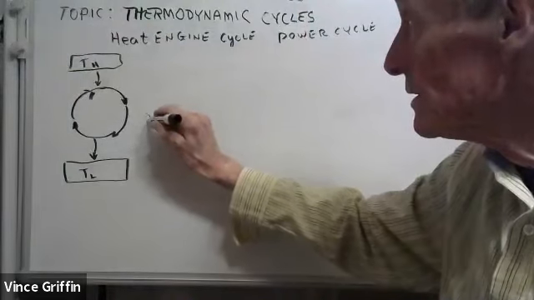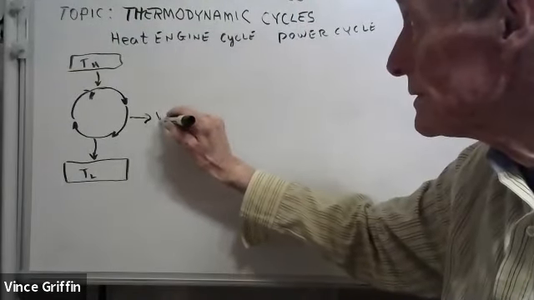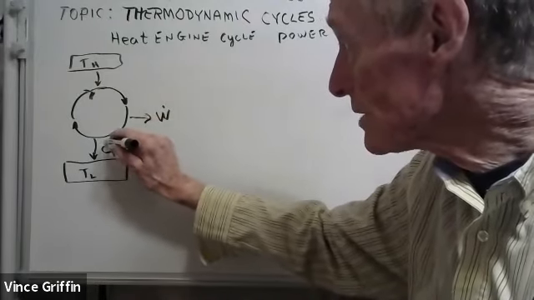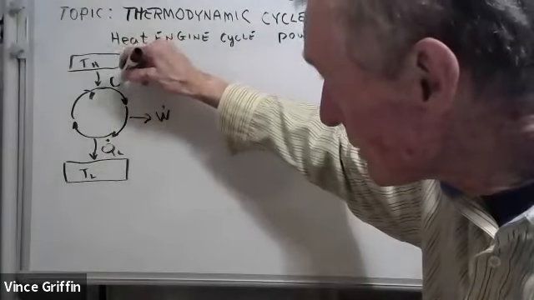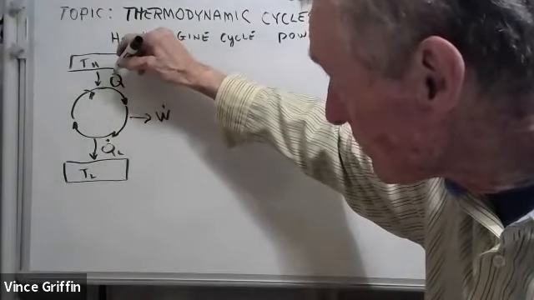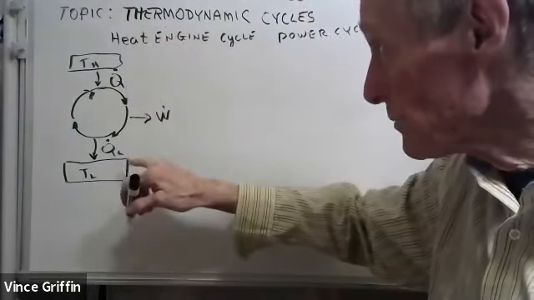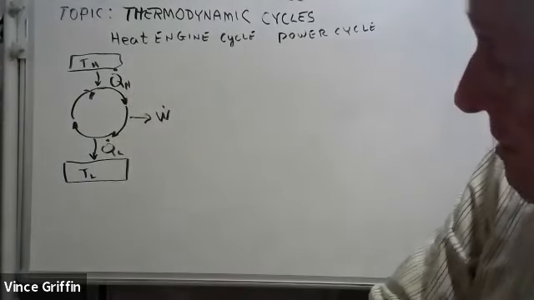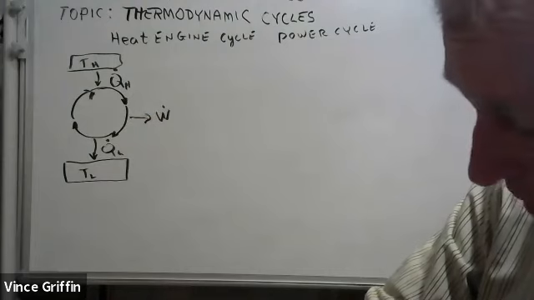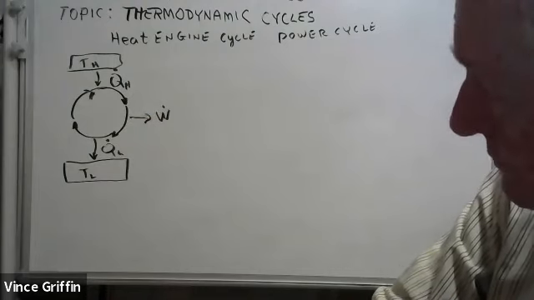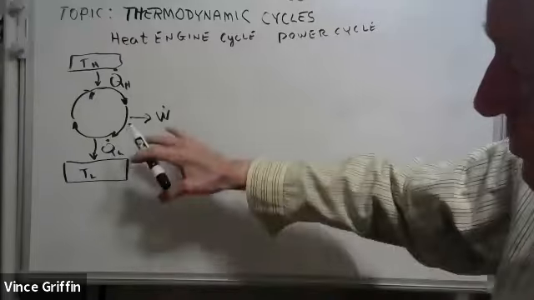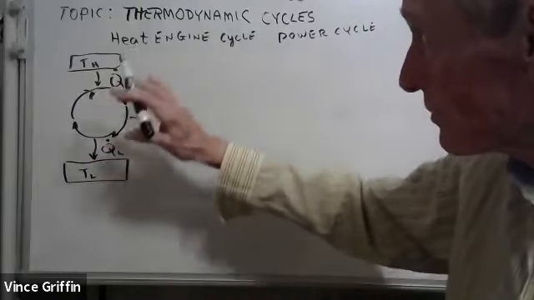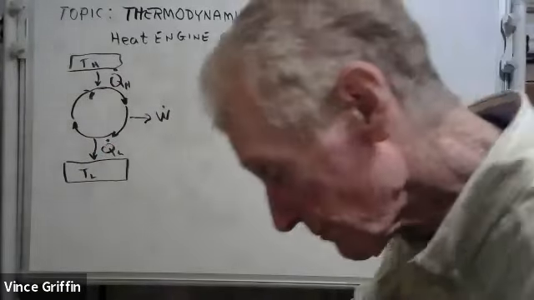And it has a power output. It has a heat transfer term at the lower temperature and a heat transfer. Well, I'm writing them as rates. That's a heat transfer rate at the lower temperature, and that's a heat transfer rate at the higher temperature. And this is your power. Draw the schematic like that for me, please, for the heat engine.